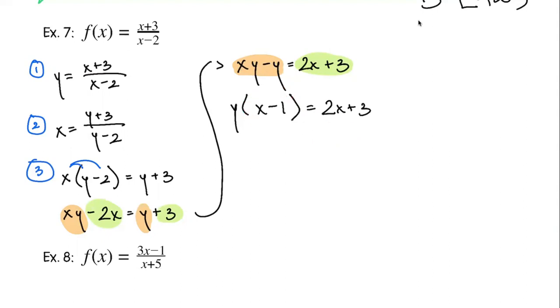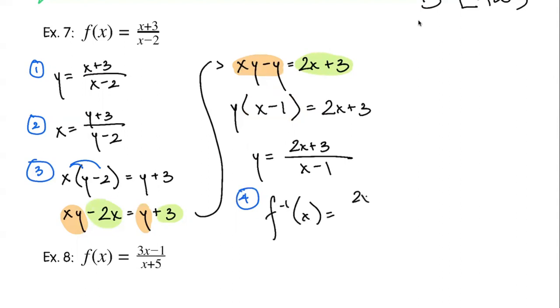Division is the inverse of multiplication. So I will end up with y equals 2x plus 3 over x minus 1. Now we don't want to put a box around this yet because we want to make sure we use the correct notation. So we're going to say the inverse function is 2x plus 3 over x minus 1.